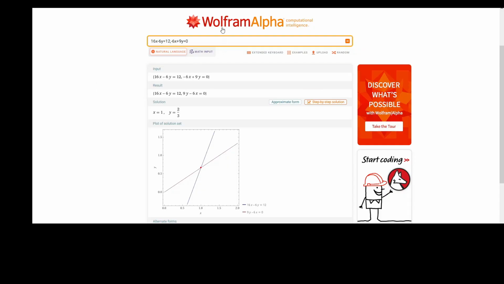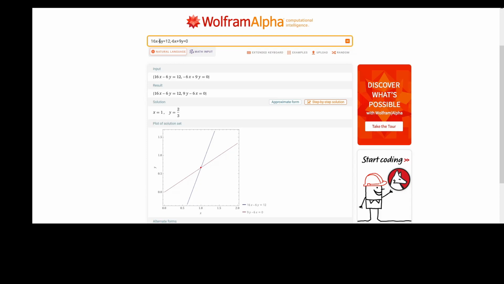All right, so we are on wolframalpha.com. And what you do is you take those two equations and you just type them into this bar here, separated by a comma. Now, you'll notice I had IAs and IBs in the equation. We have to substitute that IA and IB for some variable, some letter.